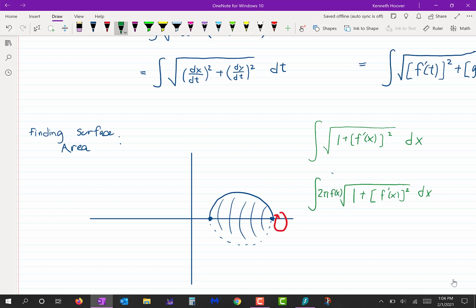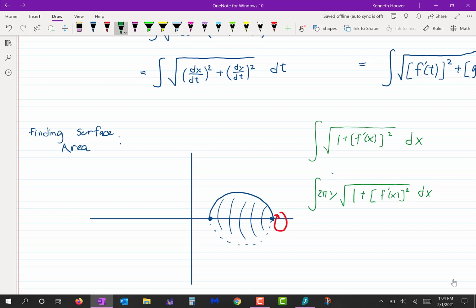Or you could write 2 pi y. Let's do that. Let's write 2 pi y. Some people prefer to put the 2 pi in front. I always do myself. Okay, but for these purposes, I'll leave it inside.